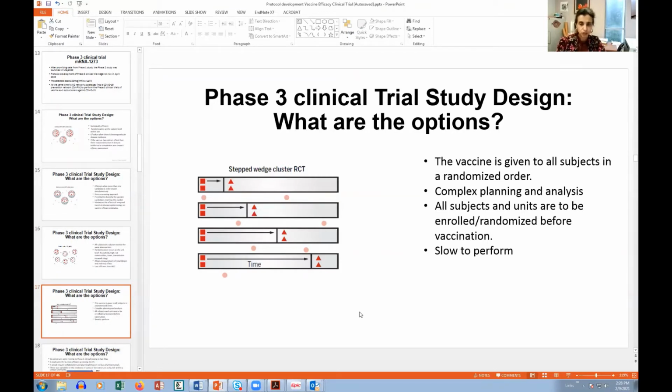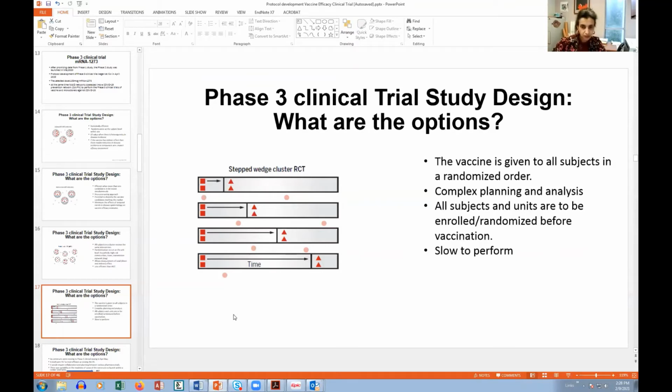Another approach that statisticians like to talk about is the stepped wedge cluster randomized clinical trial. Here, the vaccine is given to everyone, but it's given at different time points for different groups. And that design was highly considered during the Ebola outbreaks because you want to give everyone the vaccine.